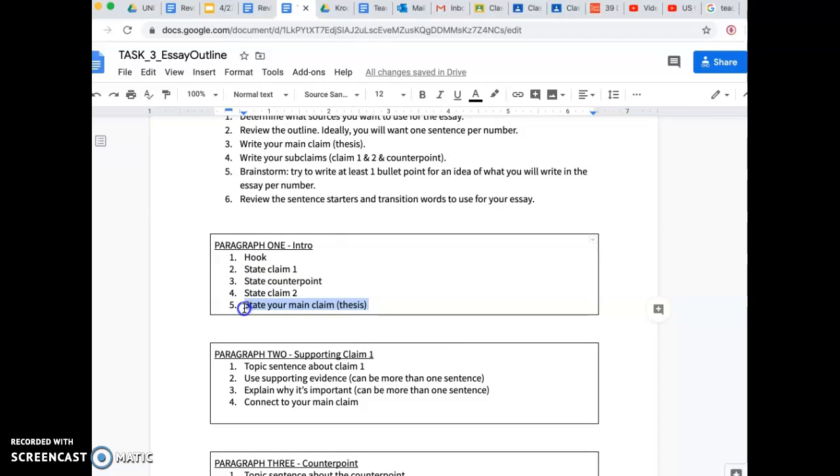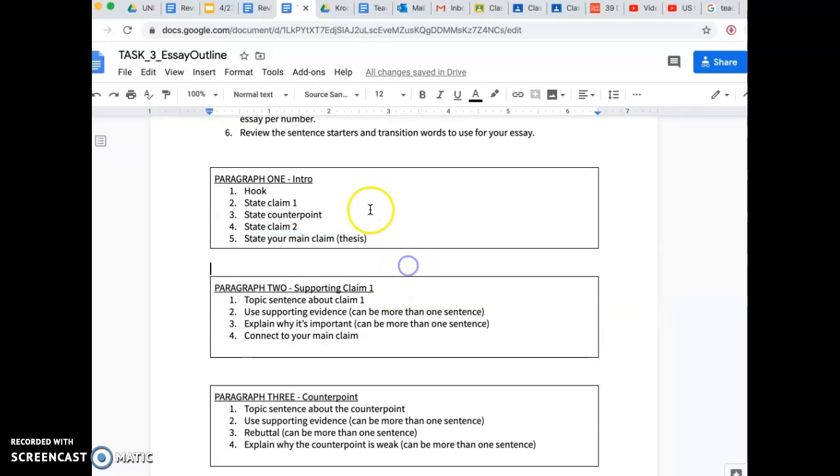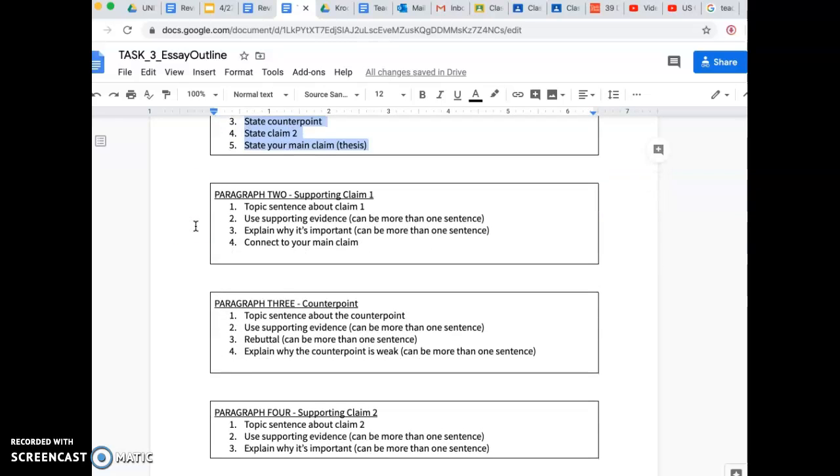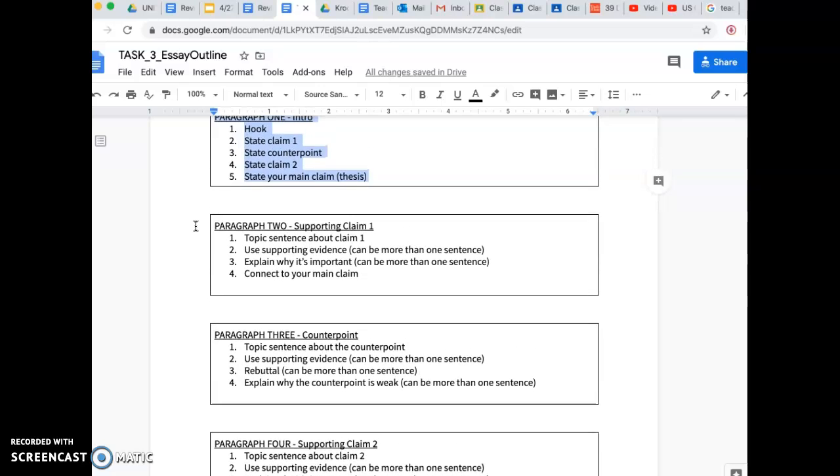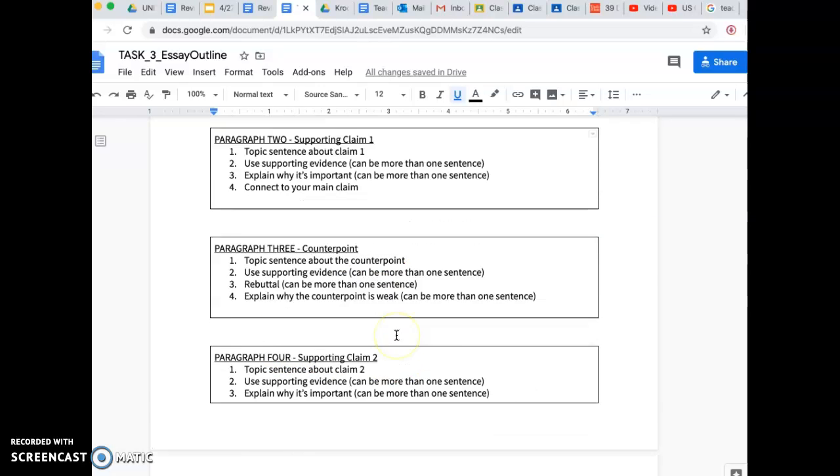And then your thesis. Once we have our introductory paragraph, which as I mentioned before is the most important paragraph in any essay, then we can go into writing our body paragraphs. As you see here, paragraph 2, support claim 1. Paragraph 3, counterpoint.